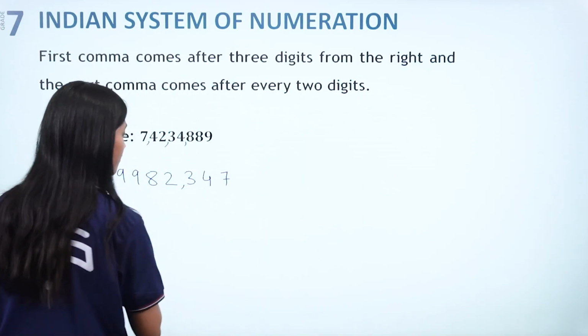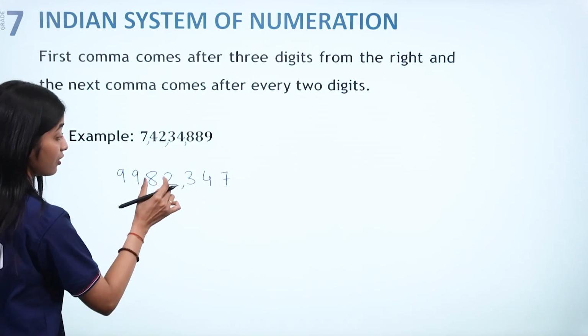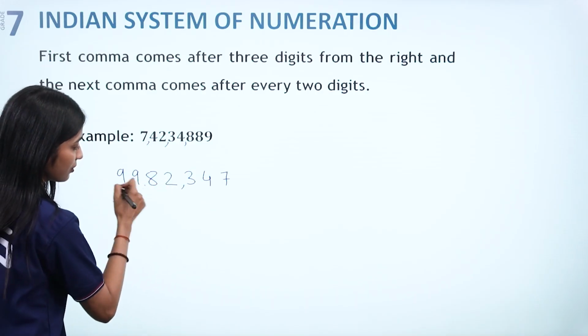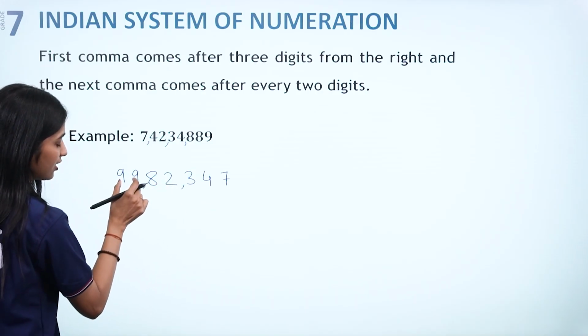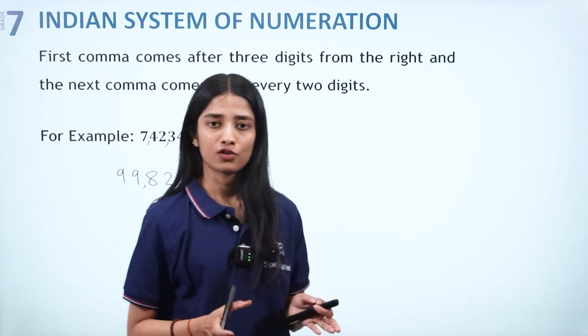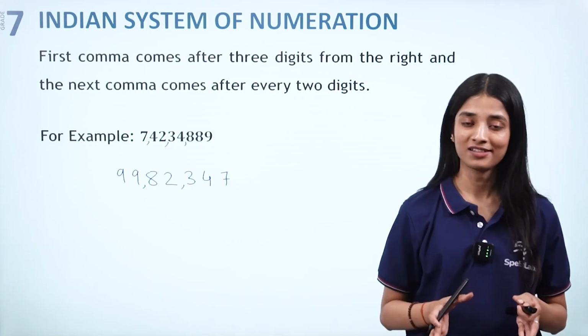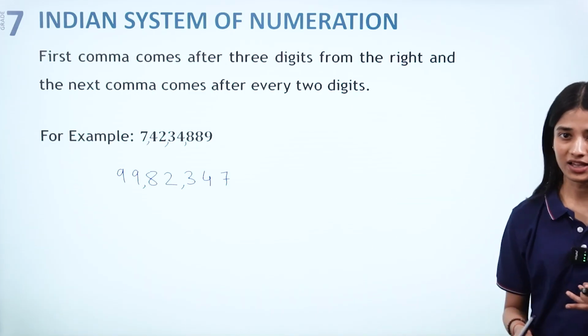Then we have to leave 2 digits and place a comma. So we leave these 2 digits and place one comma. Then again we leave these 2 digits, and after this we don't have any digit, so we will not place a comma. This is how we place commas in the Indian numeral system. I hope this is clear.